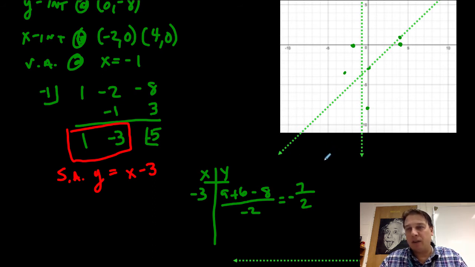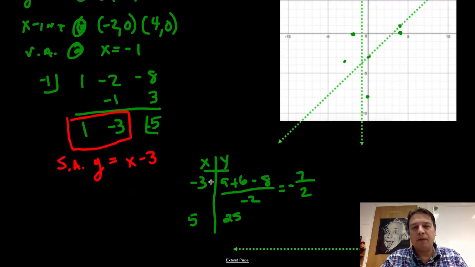We can try another value. Let's choose 5. 5 squared is going to give me 25. And then 5 times, I believe it was -2. Yep, 5 times -2 is going to give me -10, and then -8 more. All of that is going to be divided by 5 plus 1, so that'll be divided by 6.